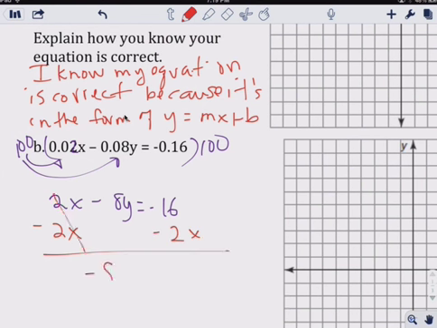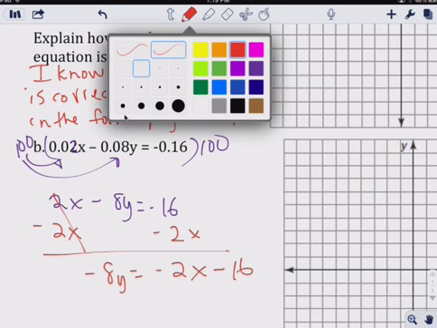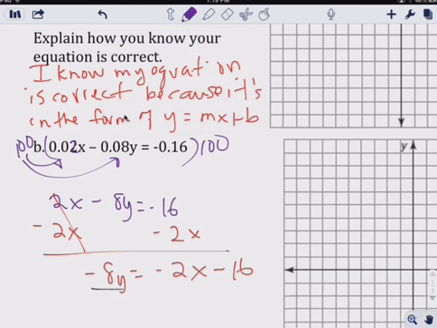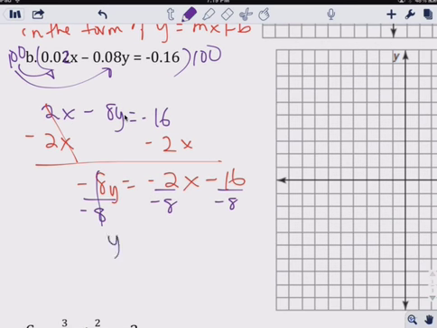Negative 8y equals negative 2x minus 16. Divide by negative 8. Y equals 1 over 4x plus 2, positive because two negatives make a positive.